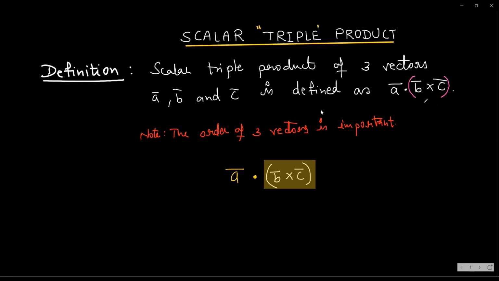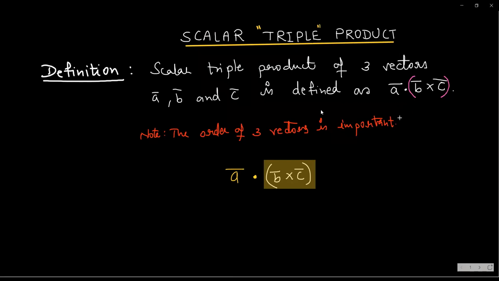The bracket is indicating that we need to first find the cross product of B bar and C bar, and then whatever vector we get, take the dot with A bar. But in case I don't put a bracket, do I stand a chance to commit a mistake? The answer is no.